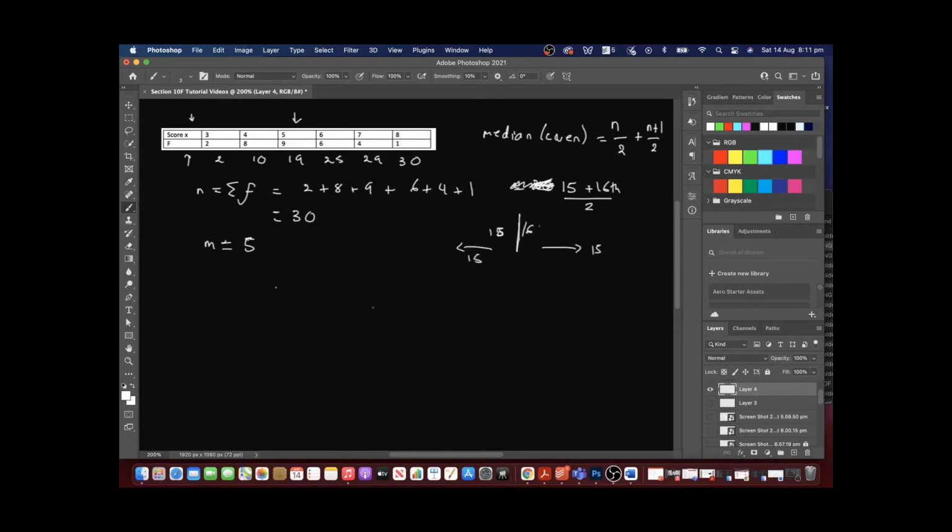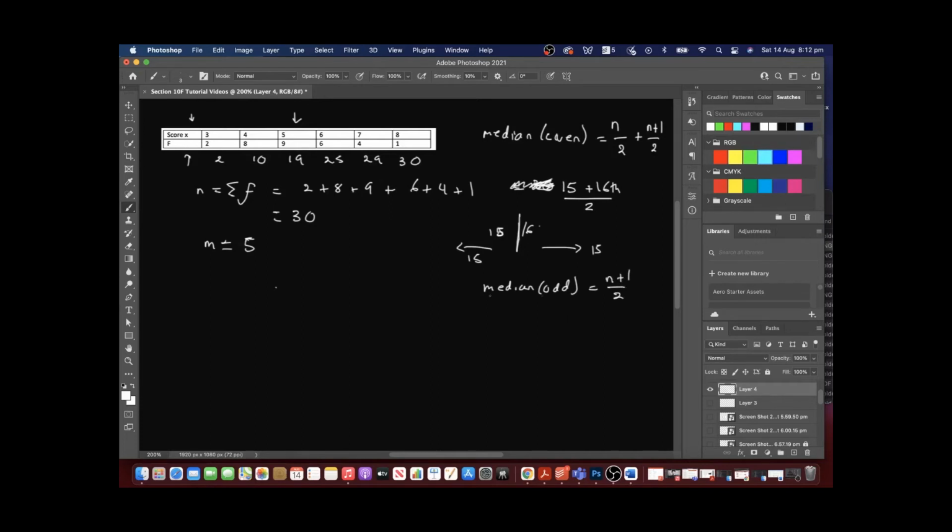So because 15 is an odd number, to find the median of the lower half of the data set, we can use the median formula for odd, which is n plus 1 over 2.